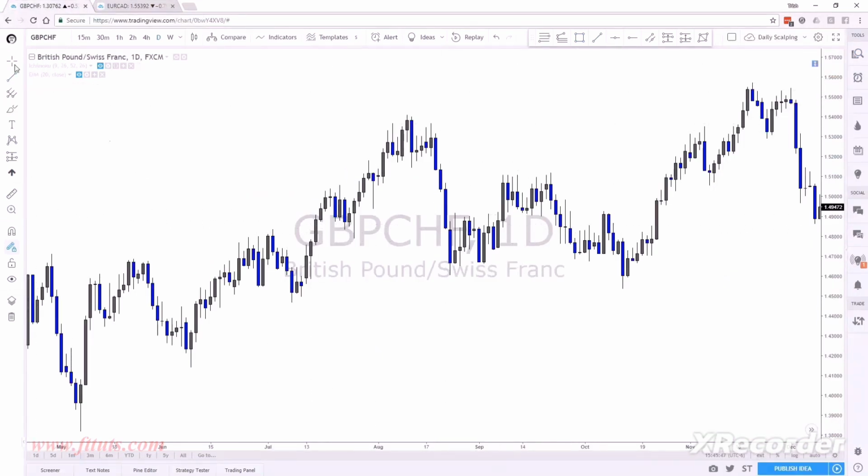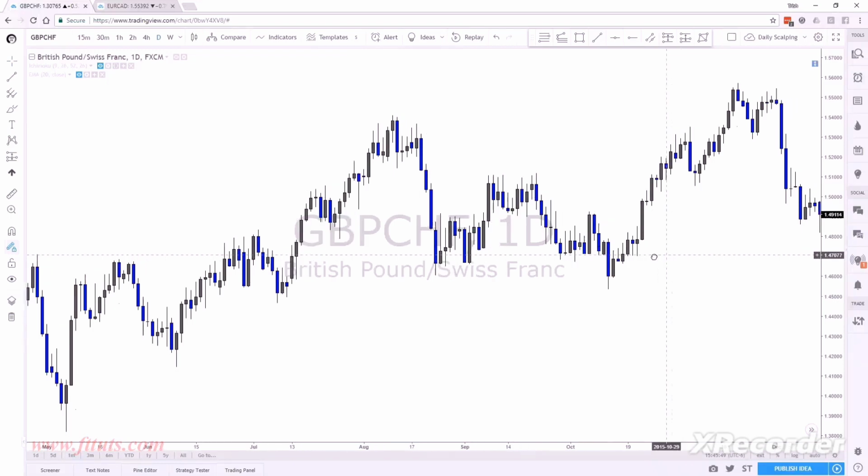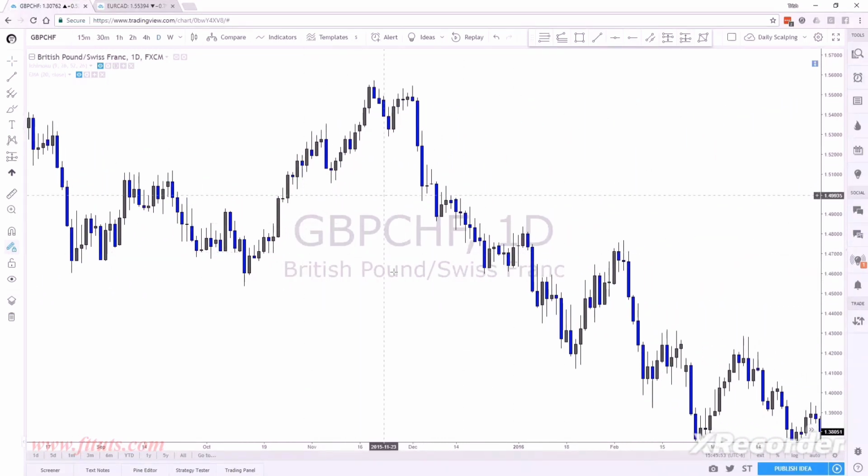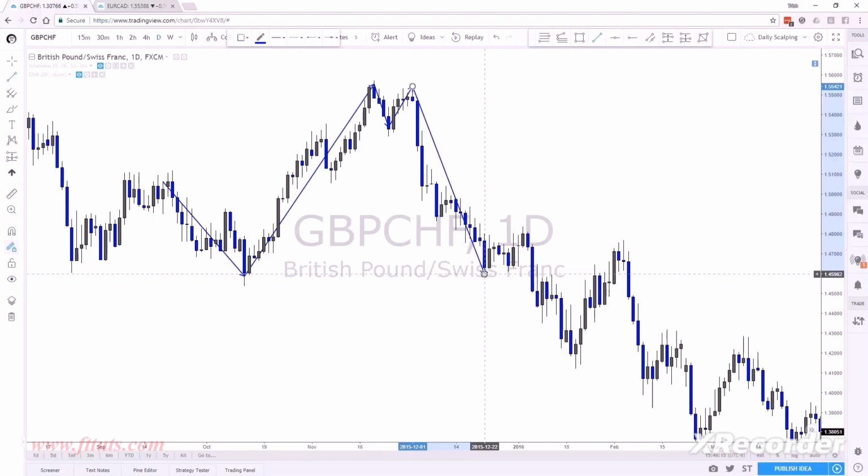Okay, let's take a look at this chart again. Now if we look here, we had our higher low and our higher high, and then we had a little bit of a double top formation here, depending on how you want to break down the retracements of this chart, the price movement. Okay, then we had price come all the way back down.